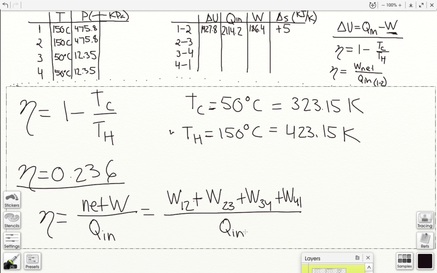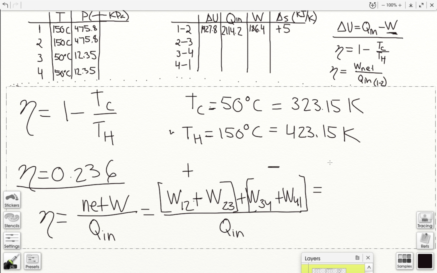And this was the heat input from 1 to 2. So these two values, again, should be positive because this is when the system is doing work on the surroundings. These two values will be negative because work is being done on our system, which is what we had found.